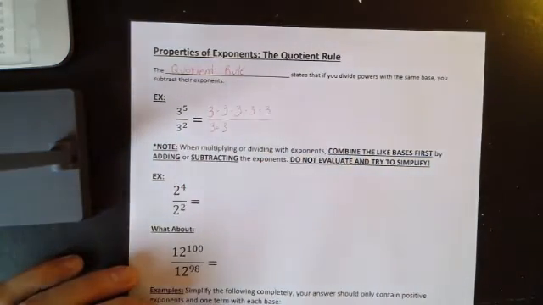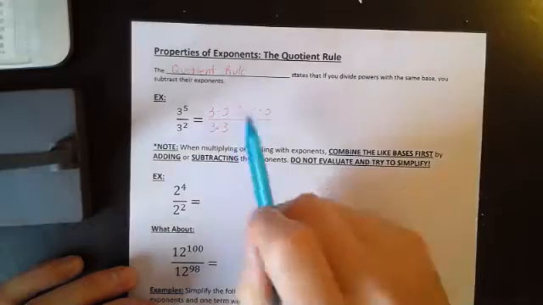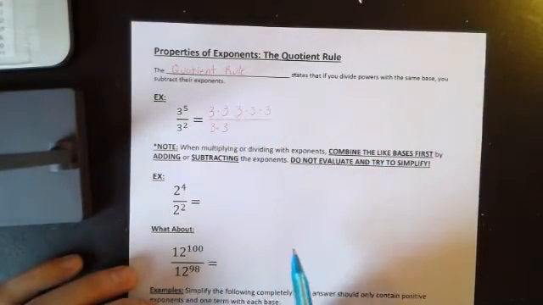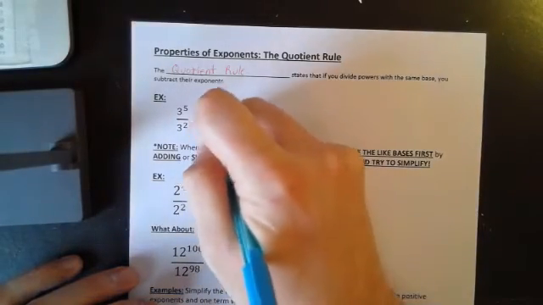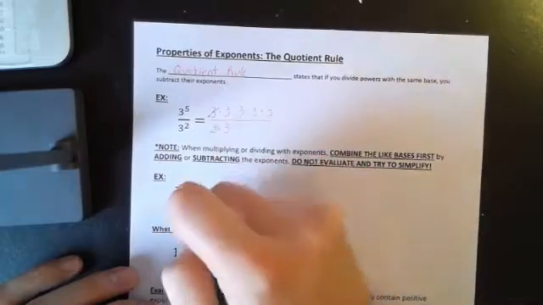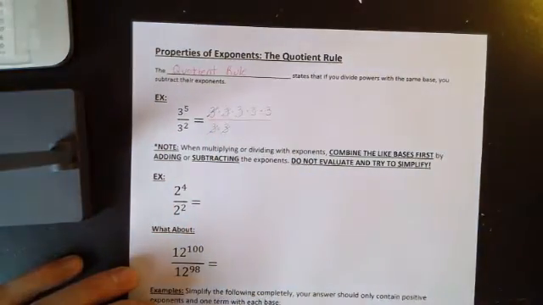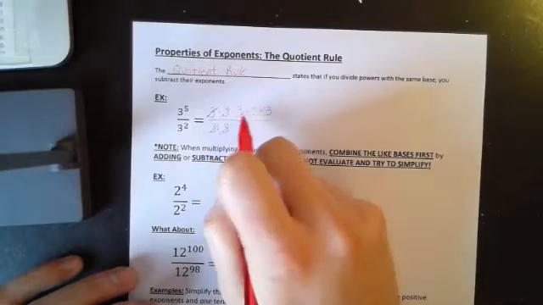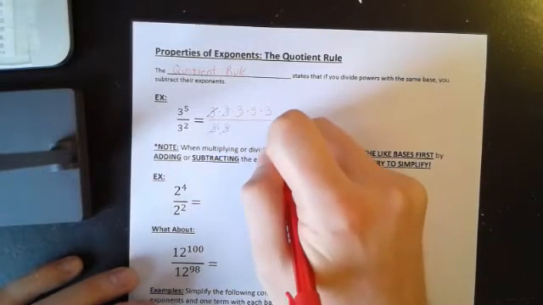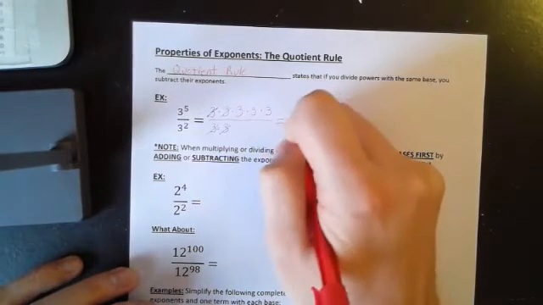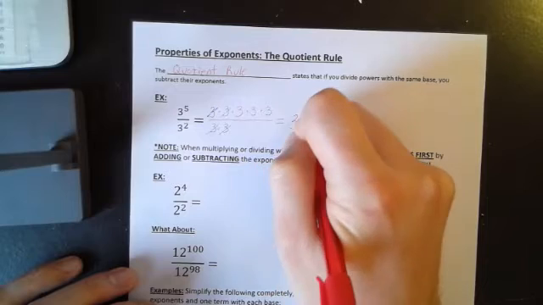Now if I wanted to simplify that, I can cancel some of the terms in the numerator and the denominator. This 3 would cancel with this one, this 3 would cancel with this one, and what I notice is that I have 1, 2, 3 3's left in the numerator. So that's the same thing as saying 3 to the 3rd.